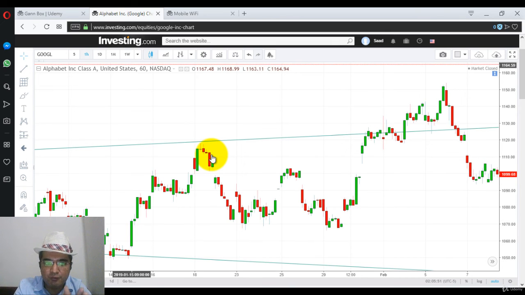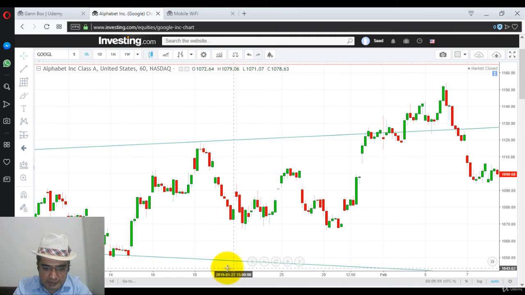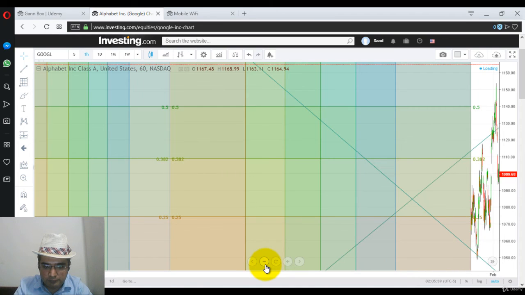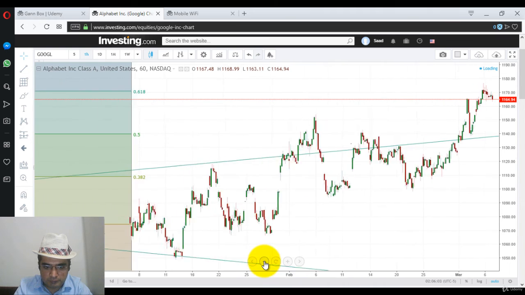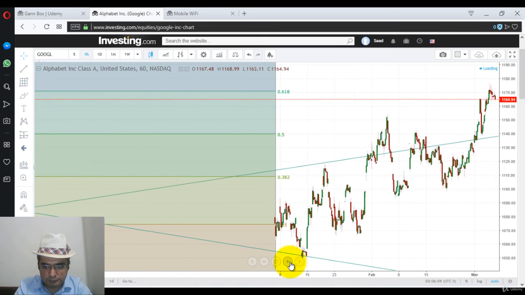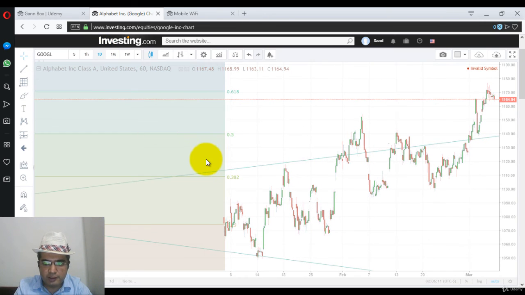Okay, rather than going to the monthly chart, I've gone to the 1 hourly chart. Now, what I am trying to explain is something like this. I'm zooming out. Let me go to the daily chart.